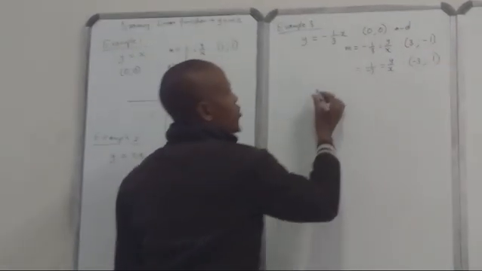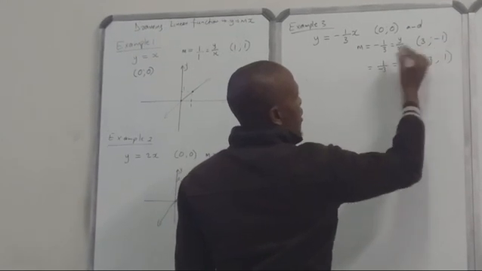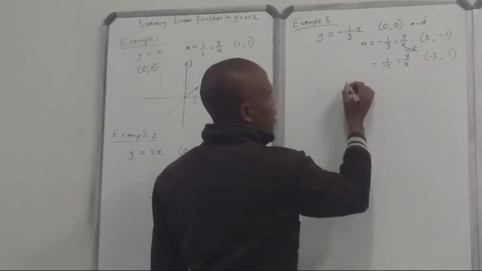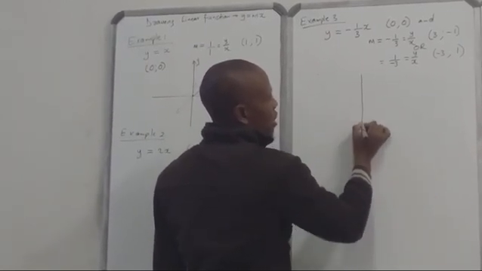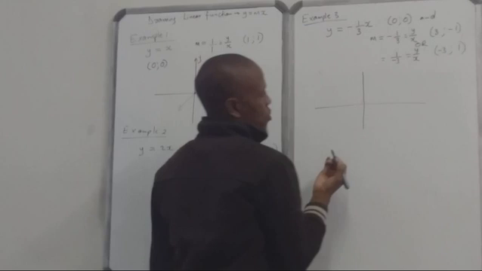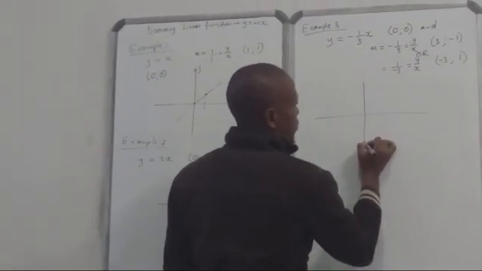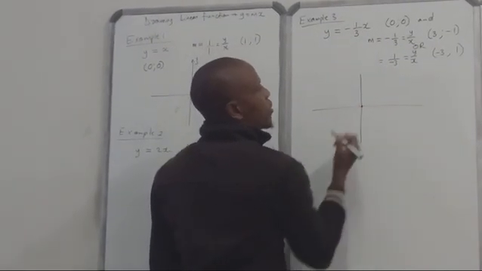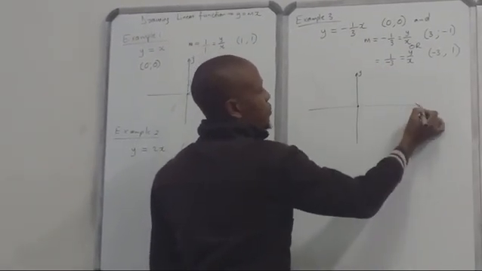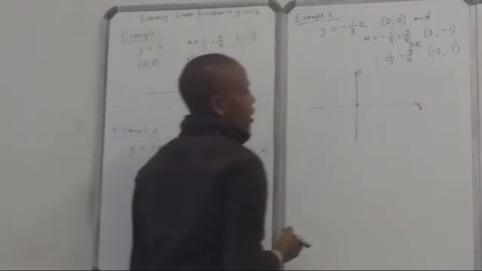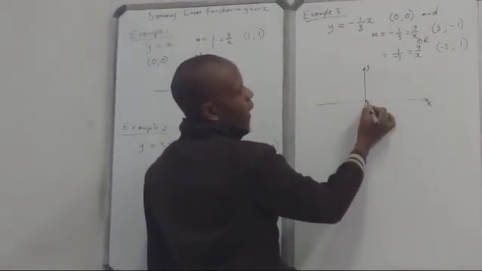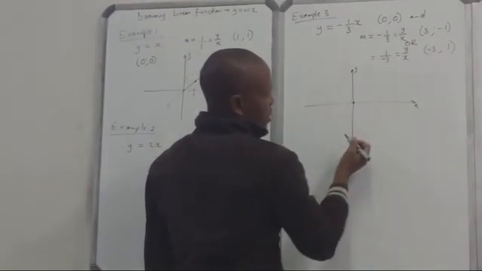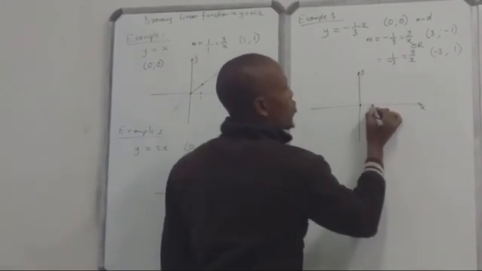Let's try to draw that. So it's either that or that. It doesn't matter. I'll demonstrate how we get to those 2 points without any problem. 0 and 0 is an obvious point. Cartesian plane, x and y coordinate system. And then our other point is 3 and negative 1.